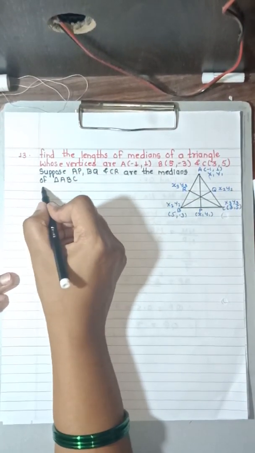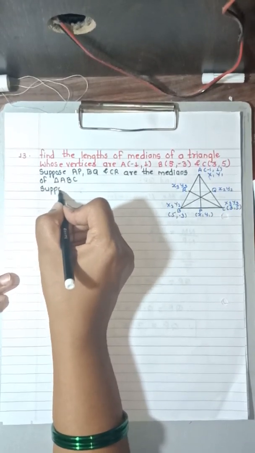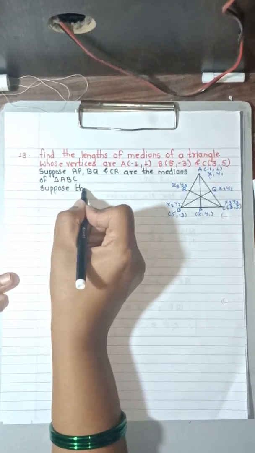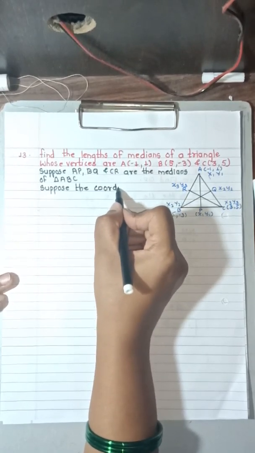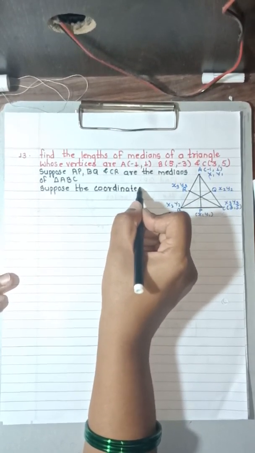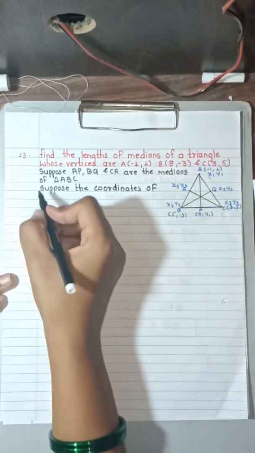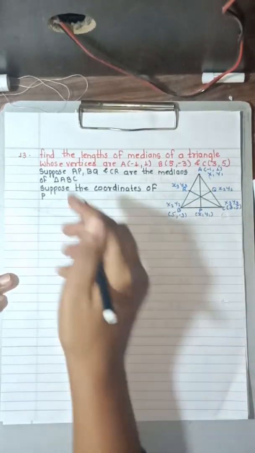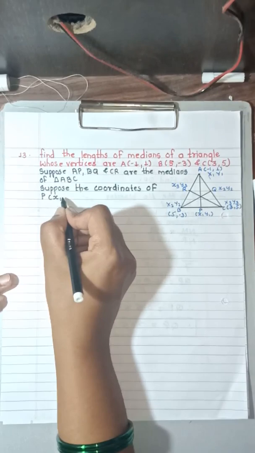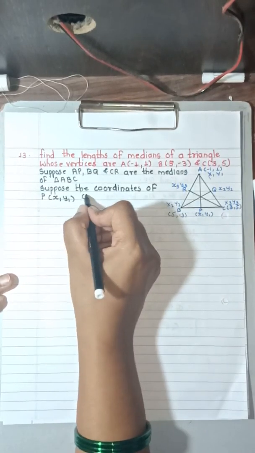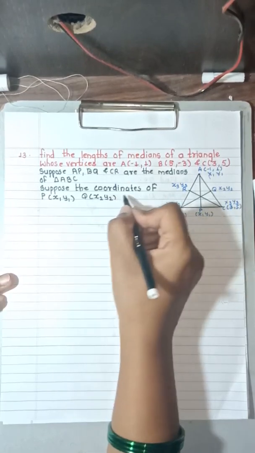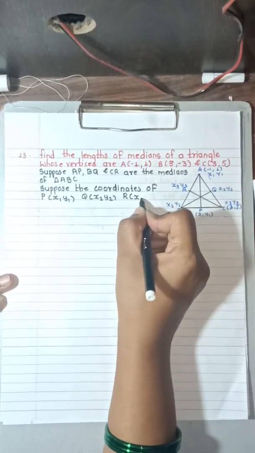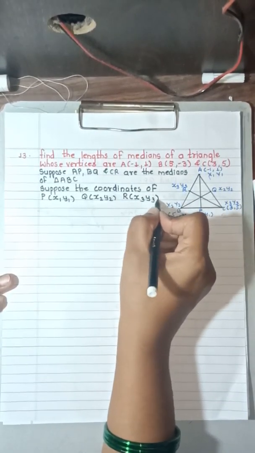Now we'll suppose the coordinates of P, I am writing here small x1 y1, Q as small x2 y2 and R as small x3 and y3.